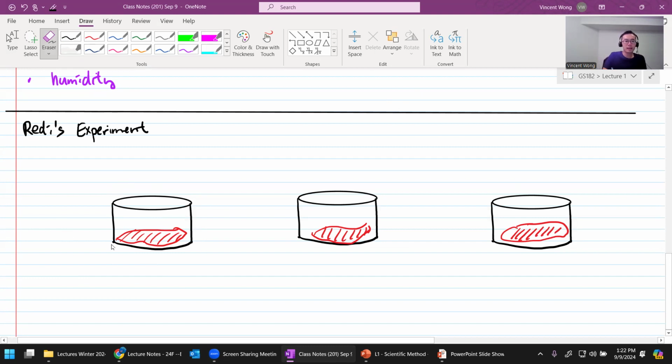In the first setup, there is no covering. It's just exposed to the air. The second one has a netted cover, like a mesh.